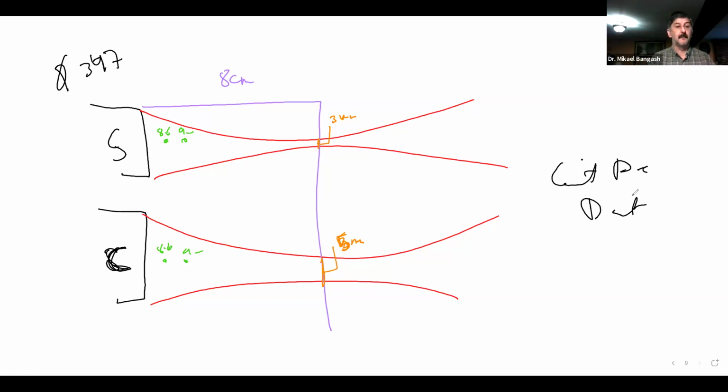Did that make sense? Because they gave us the different depths of two reflectors, not the distance between them from side to side.